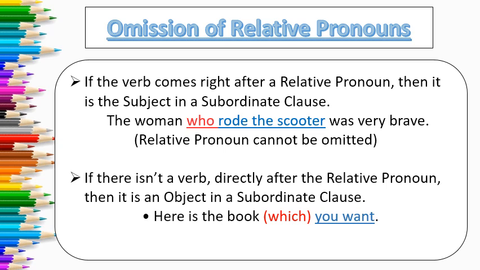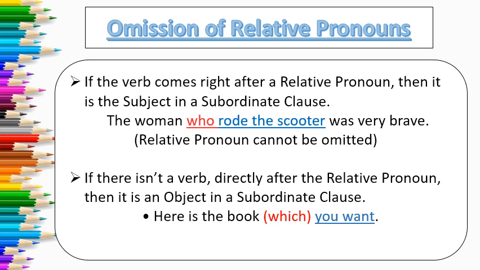If I write it like this, then don't get confused, because sometimes it can be omitted. Relative pronoun can be omitted. In which case can it be omitted? If you are getting subject plus verb together in a clause, at that time the relative pronoun can be omitted. So in this case, this sentence will not be considered a wrong sentence.